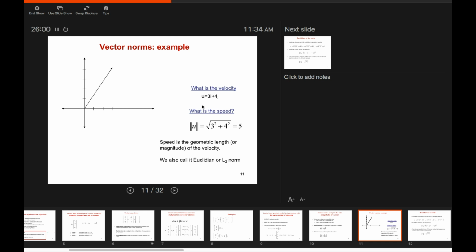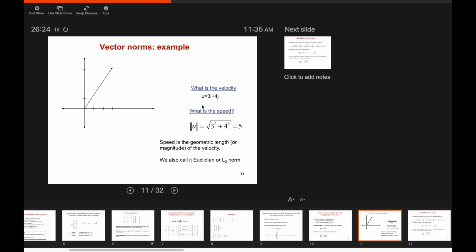In physics, if this was a displacement or a velocity vector, we're going to call its magnitude the speed. Velocity has a direction and it's actually a vector. Speed is just a number. If I'm a traffic officer looking to give somebody a speed ticket, all I need is speed.